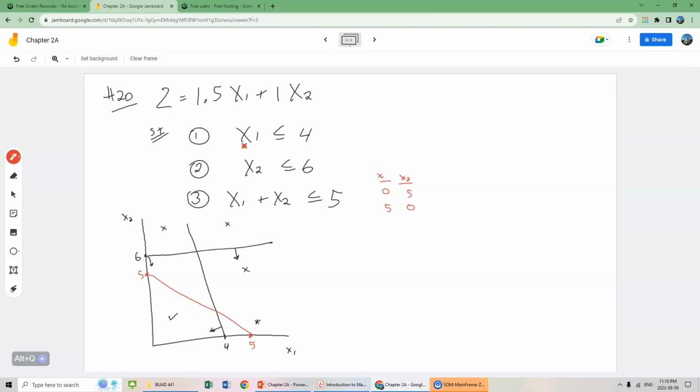Anything below that red line is good. So this is good, and as we move over here, this is still good. But as we move down, we come to our first constraint.